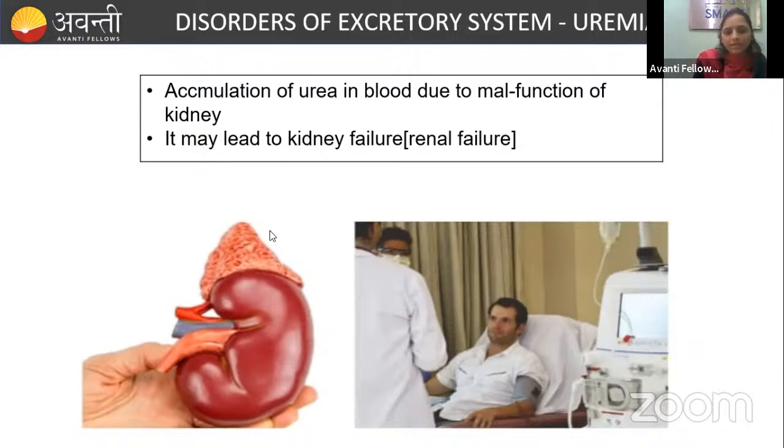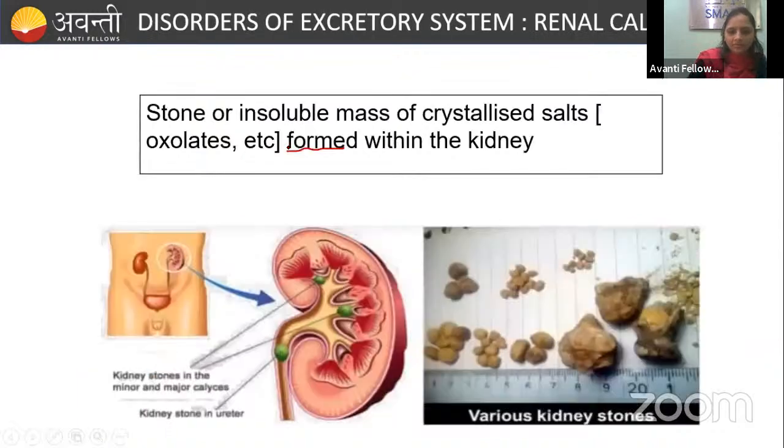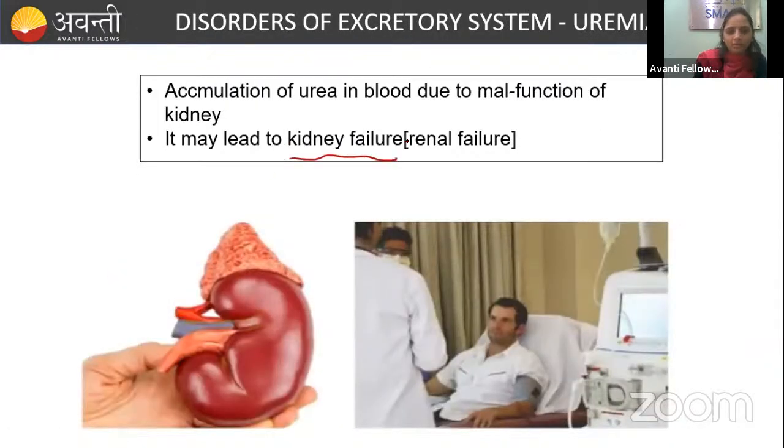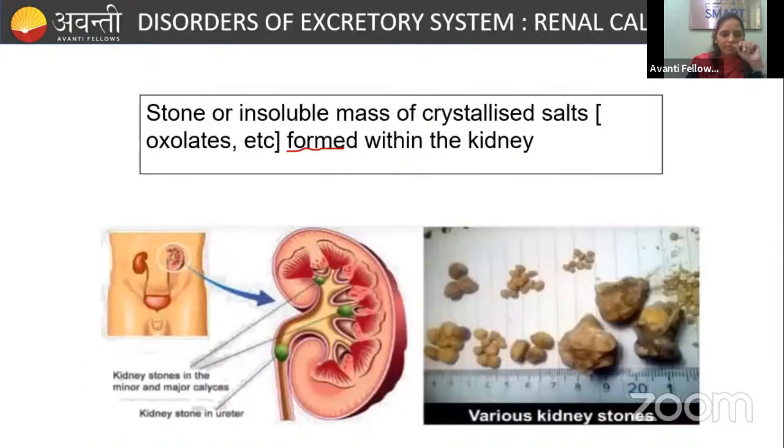That is mainly due to kidney failure. A person who has kidney failure will need the dialysis process.